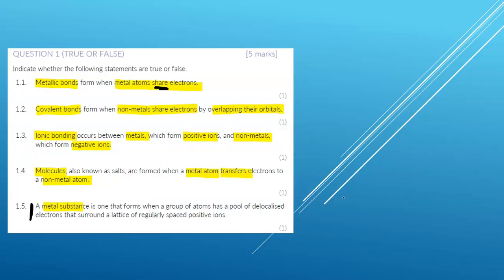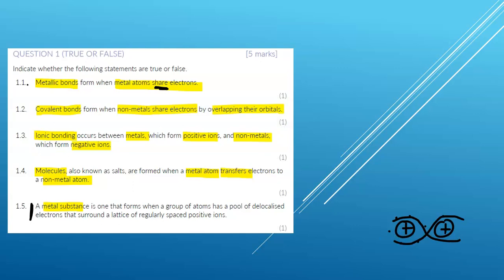What happens with metallic bonds is we have the positive atoms and they have their electrons around them. And when these two atoms come together, the electrons become delocalized, so they sort of lose their space around the atom, and it becomes almost like water flowing around the positive ions.